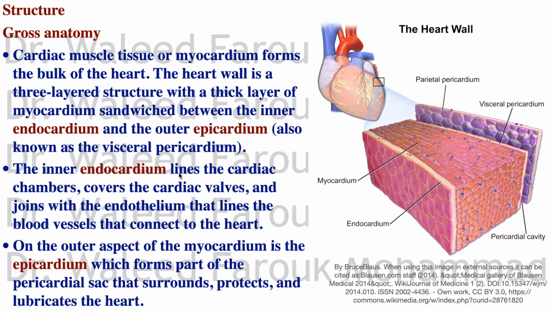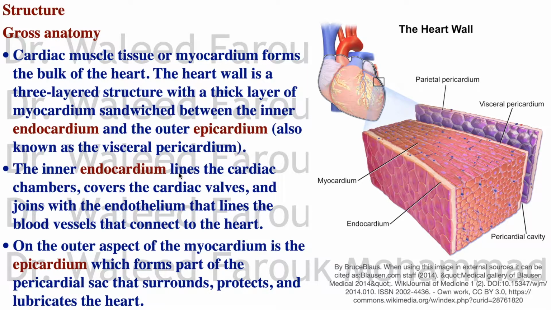Now, as mentioned before, the cardiac muscle is sandwiched between an outer and inner layer of membrane, the epicardium and endocardium. The endocardium lines the chambers of the heart, the atria and ventricles, and covers the cardiac valves, and joins with the endothelium that lines the blood vessels.